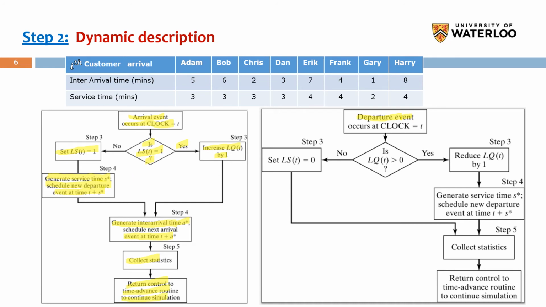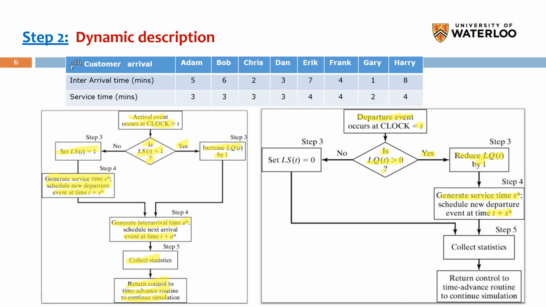That's for arrival. For departure, if at time t we have a departure, again we check if there is any customer in line. If yes, then we reduce the number of customers in line by 1, and service for that customer starts right away. So, same as before, we generate a service time S star for this service, and a new departure event will be scheduled for time t plus S star.